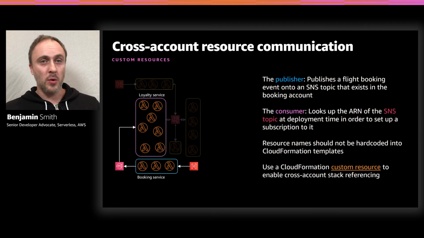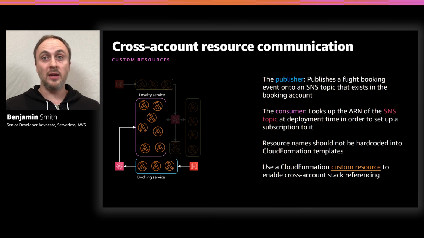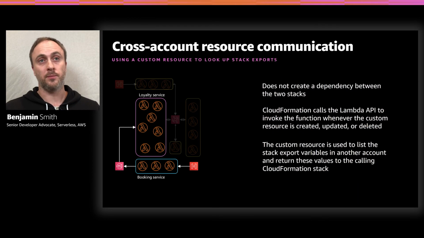Now, we know that it's bad practice to hard code resource ARNs into CloudFormation templates, right? So how can we achieve this cross-account stack referencing in a secure and repeatable way? One good solution to this would be to use what's called a CloudFormation custom resource. So we're going to use a special Lambda function as our custom resource.